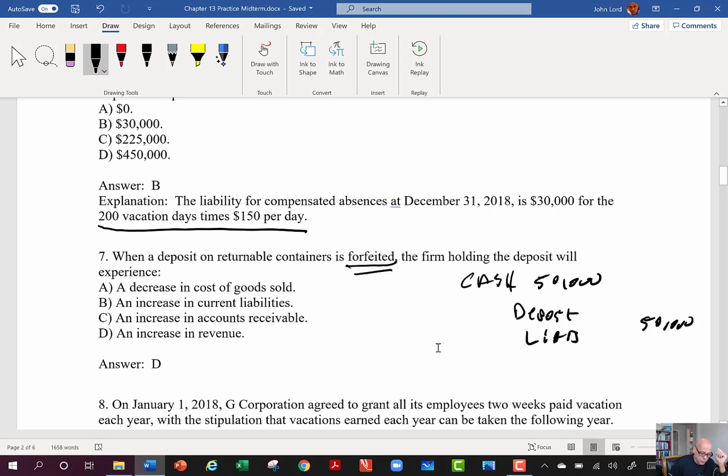Then at that point in time, we would debit deposit liability for the 5,000 and credit revenue. That's a revenue. In effect, you sold them the right to use that equipment over time.